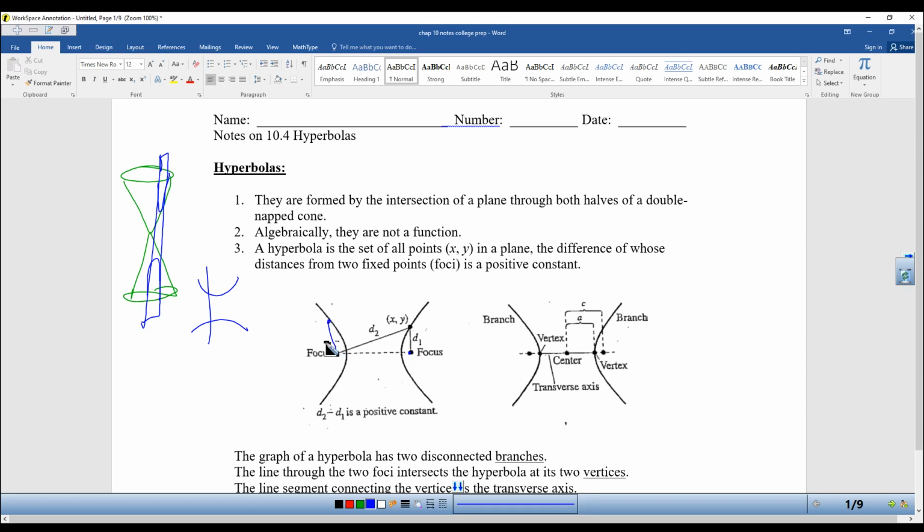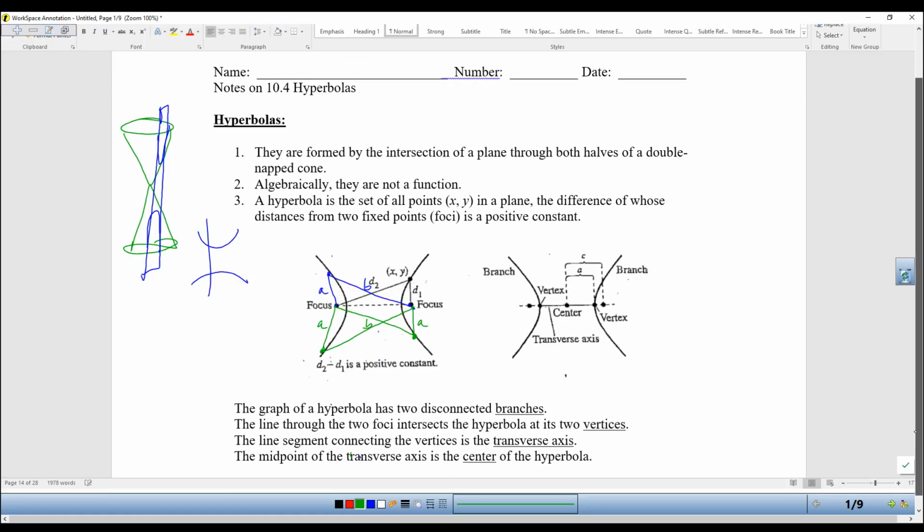So if I took this distance A and then this distance B and subtracted them, it would be exactly the same as if I took this distance A and this distance B. Subtract those two, you would get the same number. I could do it over here, A, and this one B. And again, if you subtracted those two, you would get the exact same number.